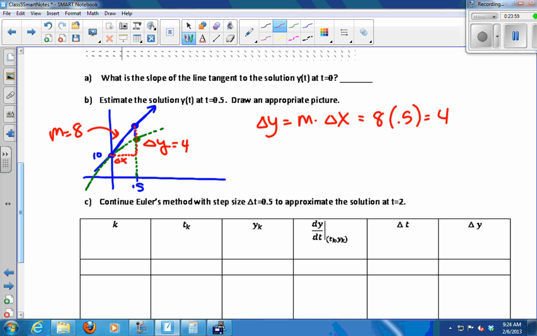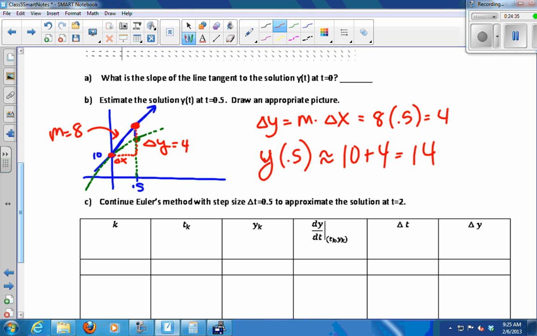So if delta y is 4, then what are the coordinates of this new point? 0.5, because I went right 0.5 from my initial point, delta x 0.5. And I started at 10, and my delta y was 4. So 10 plus 4 gives you 14. So I would say that y of 0.5 is approximately equal to 10 plus 4, which is 14.